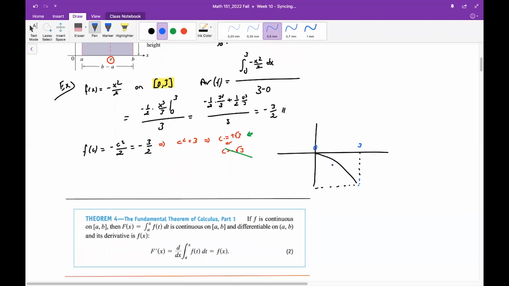And that average value turns out to be minus 3 over 2. And this minus 3 over 2 is attained by some point C in our interval. So it is attained here by some point C, okay, in our interval. So this point C is computed here as plus square root 3, okay? So that's it.